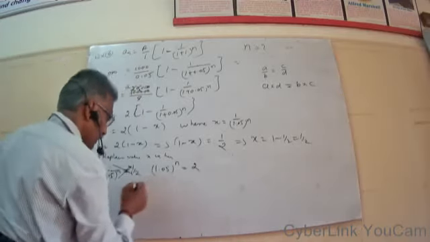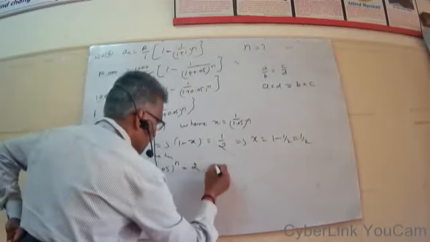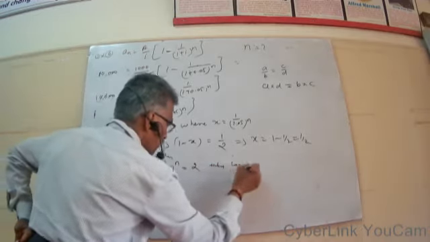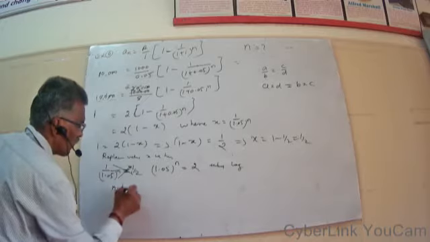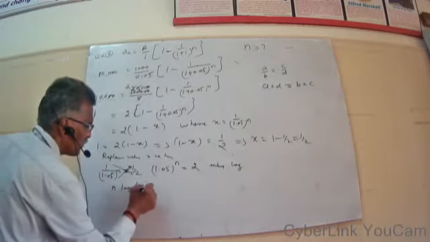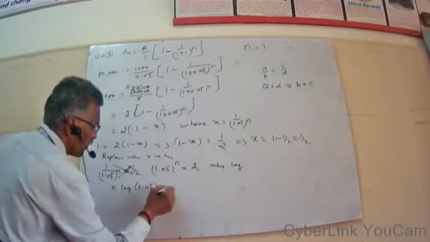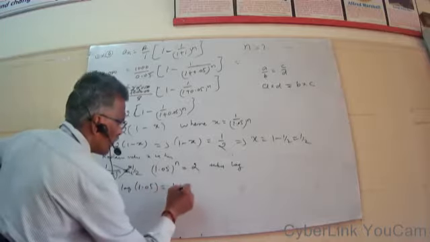By taking the logarithm on both the sides, that gives you n into log of 1.05 equal to log of 2.